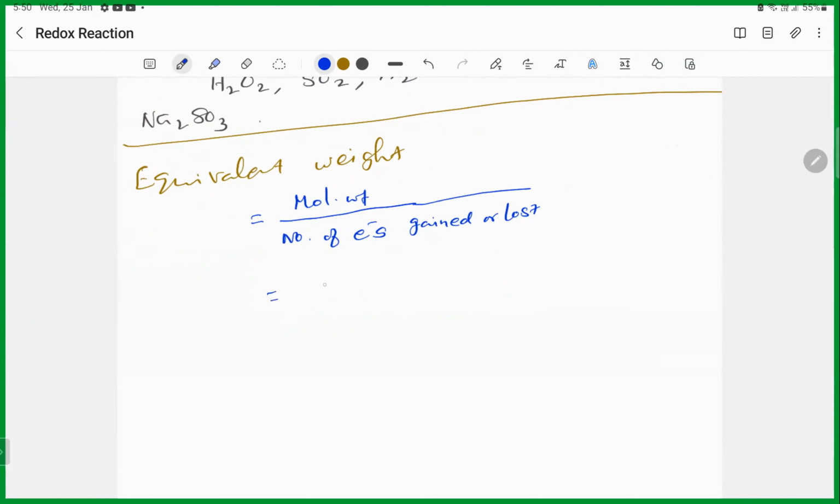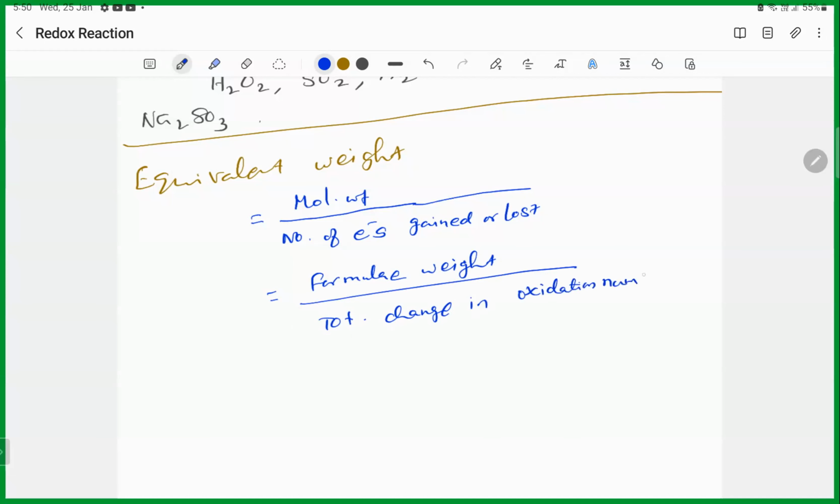It could be formula weight divided by total change in oxidation number. Okay, so in this way we can calculate it.